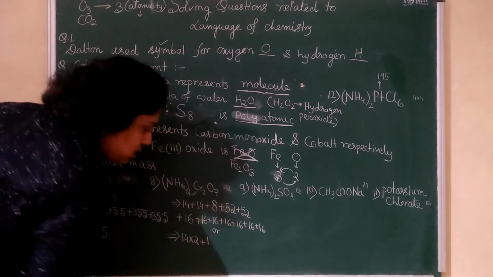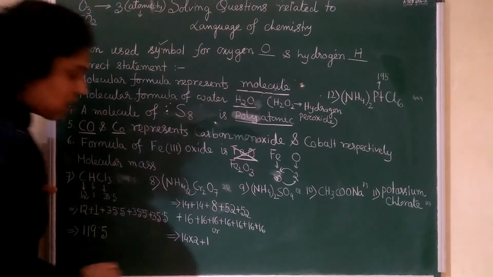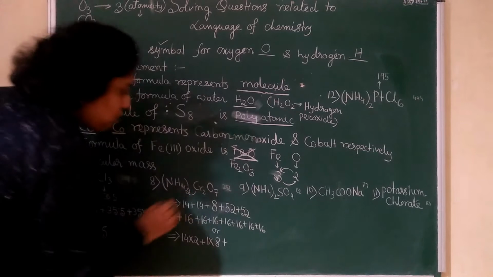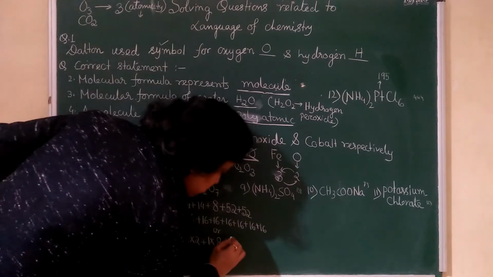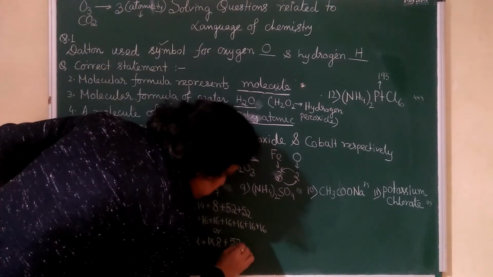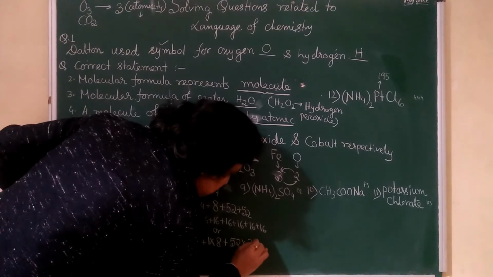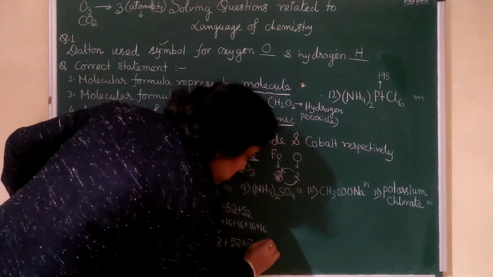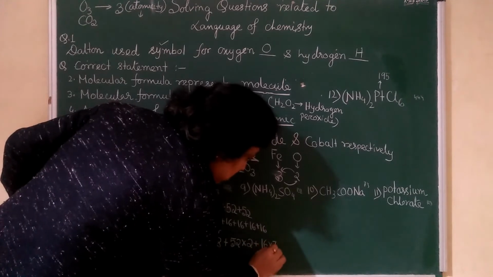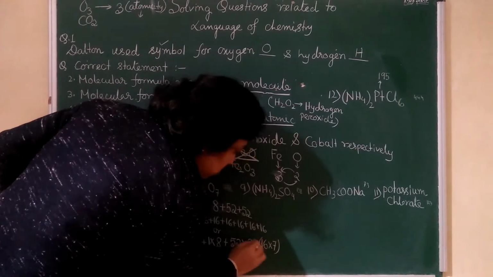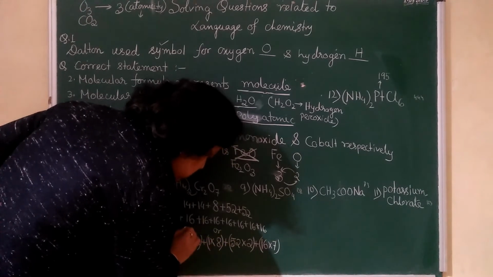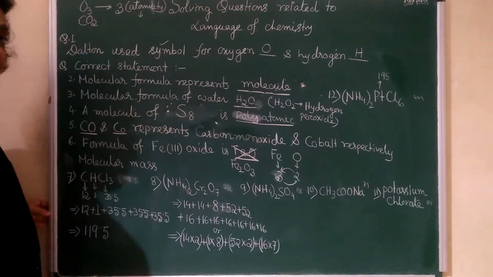So 1 hydrogen, atomic mass is 1 into 8. Plus chromium is how many times? 2 times. So 52 into 2 plus oxygen is 7 times, so 16 into 7. So all these multiplication terms you should do first, and only then do the addition.